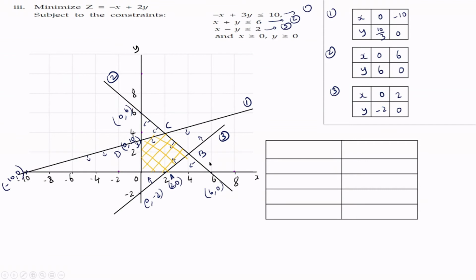Now let us try to find the coordinates for B. If we draw this on a graph sheet, we will be able to find the coordinates directly. If you are not able to find the coordinates, then we can solve equations 2 and 3. So when we solve equations 2 and 3, we will get the coordinates for B. All these can be done in the rough.